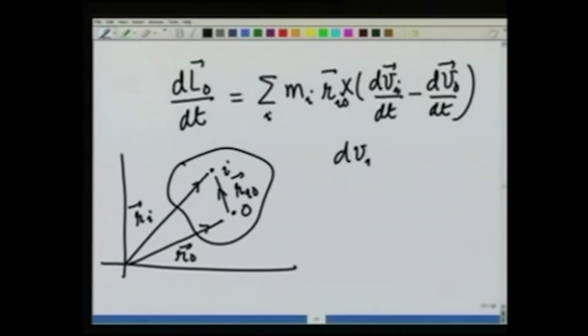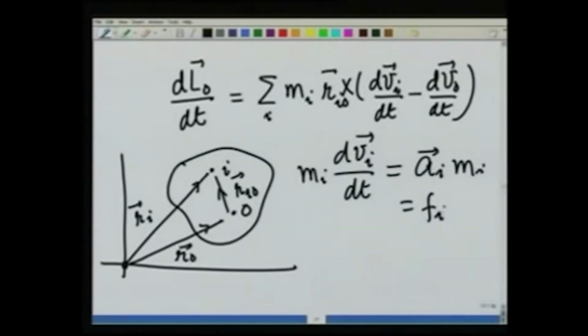dv_i/dt is equal to acceleration of point i with respect to the outside point, which is an inertial point, and therefore m_i times this is F_i external.